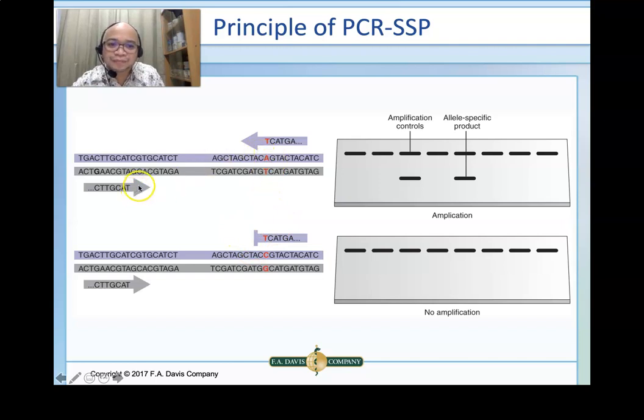This is the amplification control, and this is the amplified allele-specific product. In this case, there is no amplification, so that particular allele is not present in this patient.